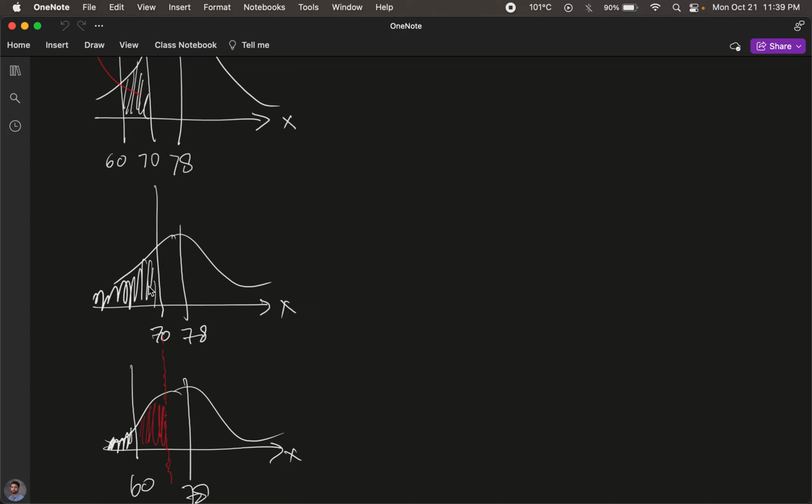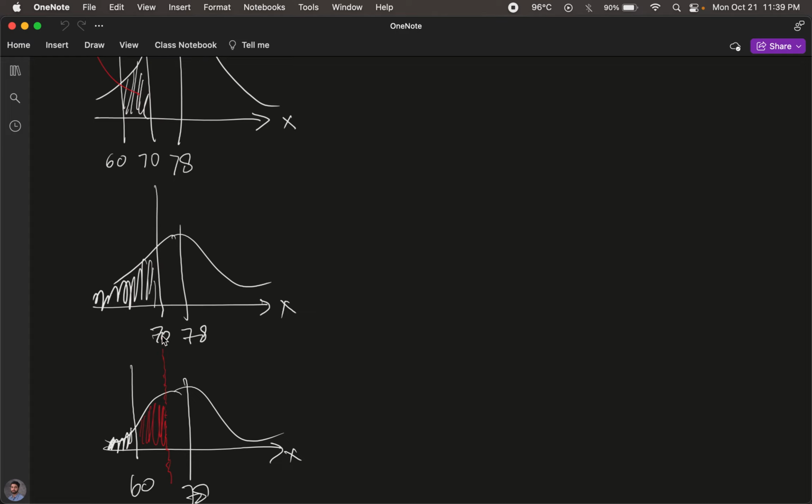Because the z-table that we're familiar with does not show the negative values. So one thing that we could do is flip these regions, because this is going to correspond to a negative z-value.